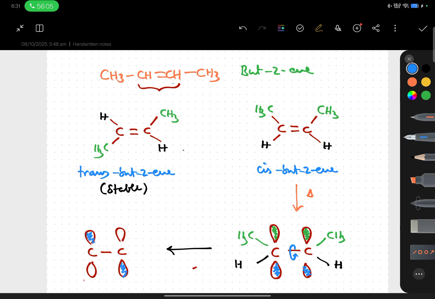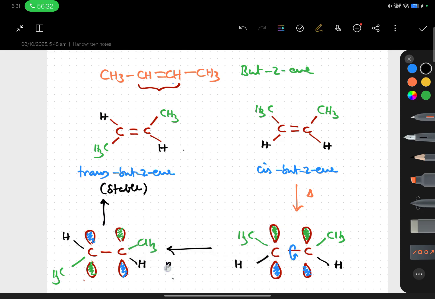After rotation, the blue goes on the top, the green goes on the bottom. So CH3 will be here, while here the CH3 goes down, the hydrogen goes up. Again, it becomes stable. So this happens on heating.